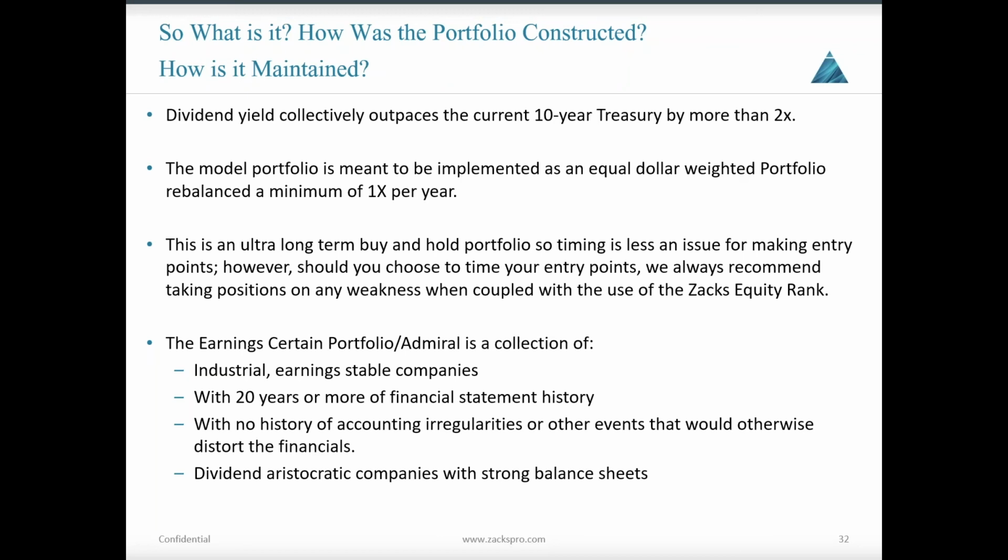Zacks rank is a short-term indicator, and it is very likely that some of these stocks that have been in the earnings certain portfolio since inception have gone through more than 20 or so 1 to 5 cycles between buy and sell. Again, it's just not anything that I take into account when creating the earnings certain portfolio.